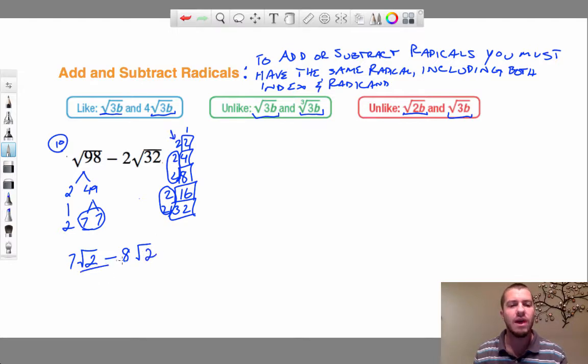And so now they are the same radical, and I can subtract them, and at this point it's just 7 minus 8 times the square root of 2, and you do it just like you would 7x minus 8x. 7 square root of 2 minus 8 square root of 2, that becomes negative 1 square root of 2, or negative square root of 2.